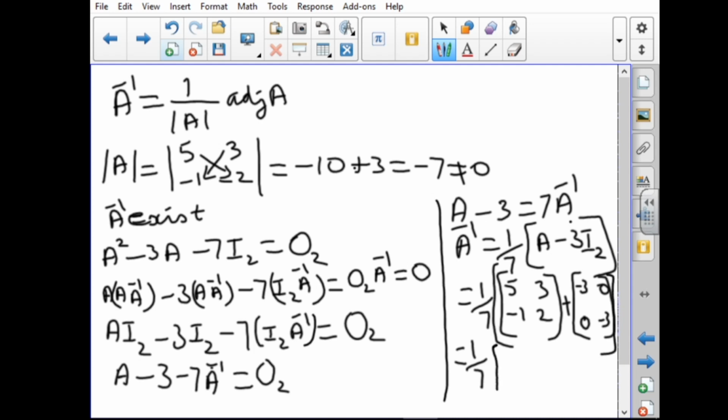So 1 by 7 into 5 minus 3 gives you 2. 3 plus 0 gives us 3. Minus 1 plus 0 gives us minus 1. 2 minus 3 gives us minus 1. So this is nothing but A inverse.